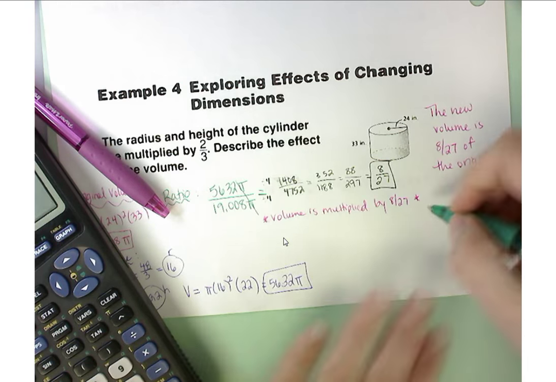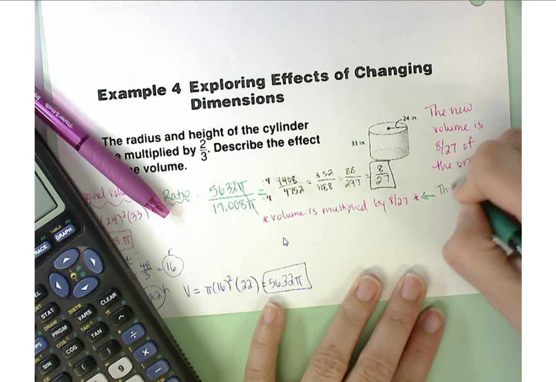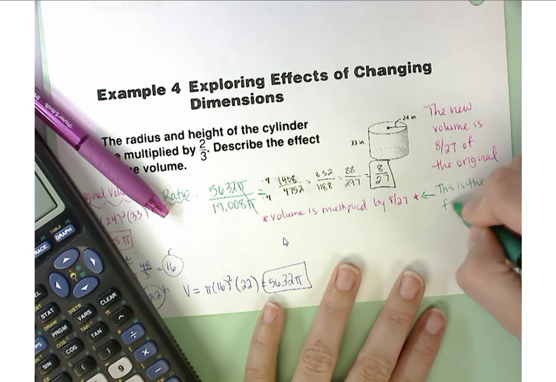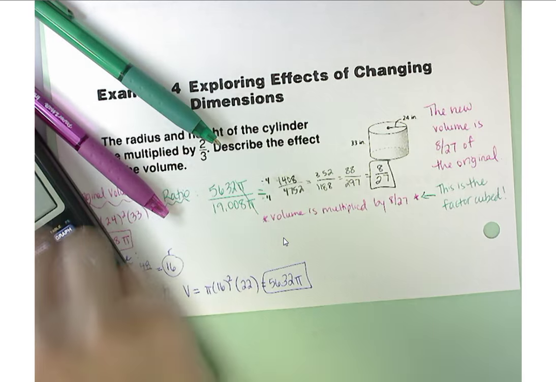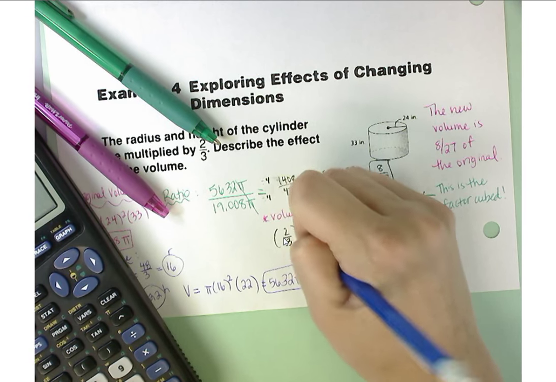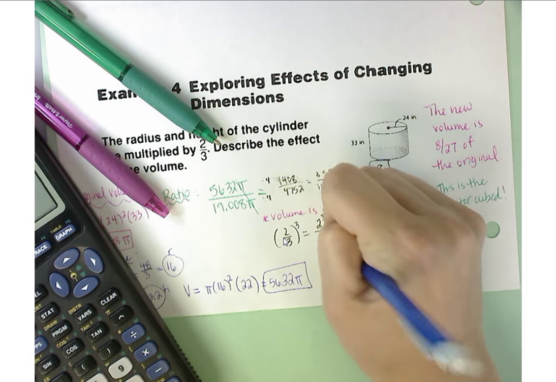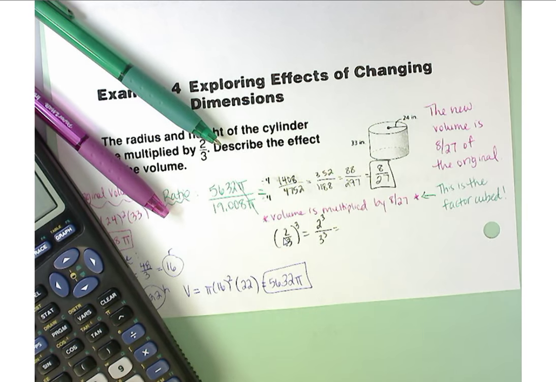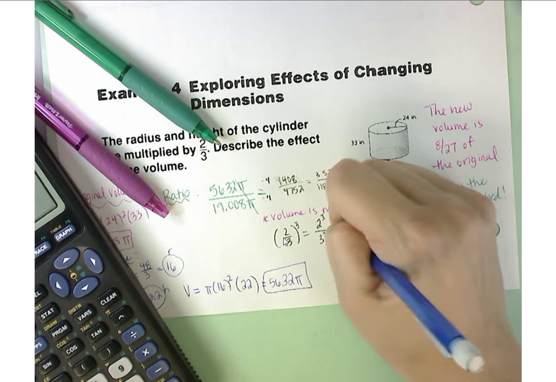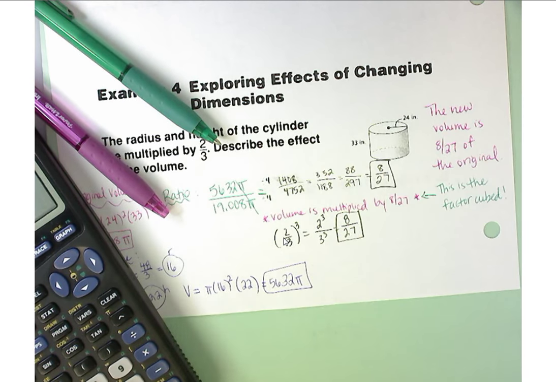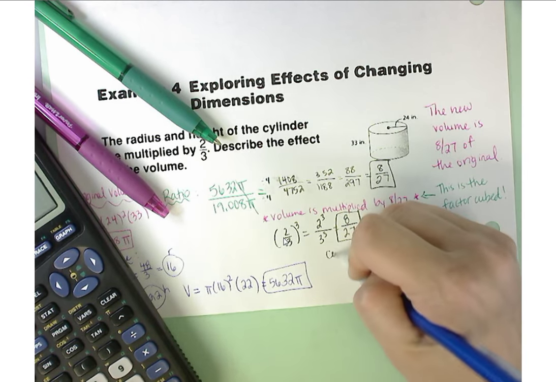So this is the factor cubed. If you do 2/3 to the third power, 2 cubed over 3 cubed, 2 times 2 times 2, 2 times 2 is 4, 4 times 2 is 8, 3 times 3 is 9, 9 times 3 is 27. So you can use that as a shortcut. You can just cube the factor.